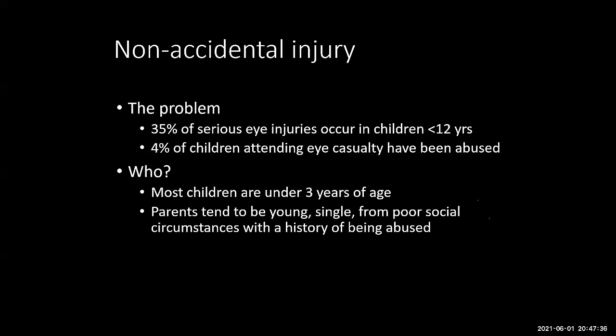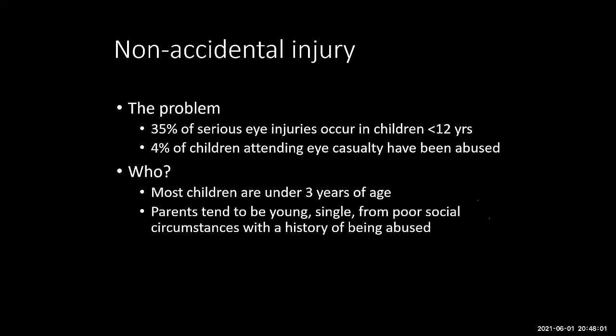Looking at the problem, about 35% of the serious eye injuries occur in children less than 12 years. And 4% of the children attending the eye casualty have some kind of history of abuse, usually by their parents or close relatives.